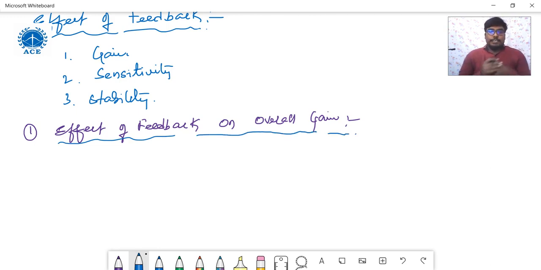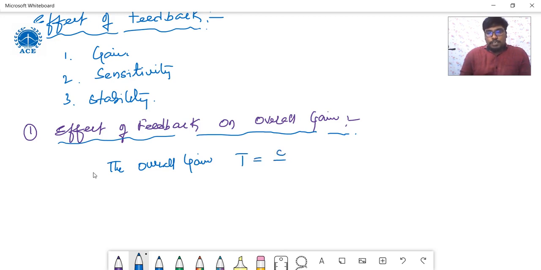Right. So this is one of the important points here. We need to consider the overall gain of the system. So what is the overall gain? The overall gain is T = C/R = G/(1 + GH).